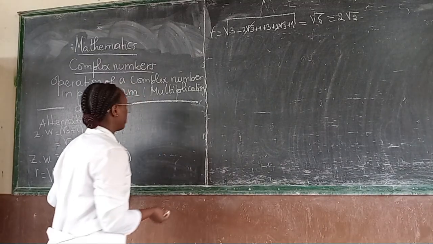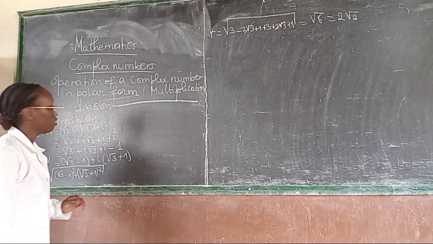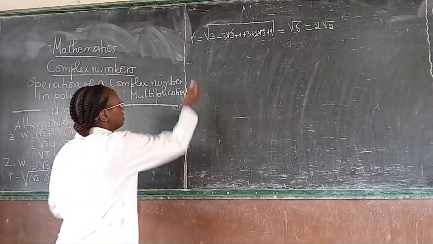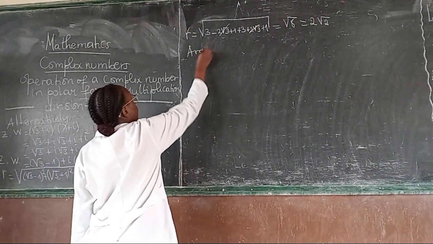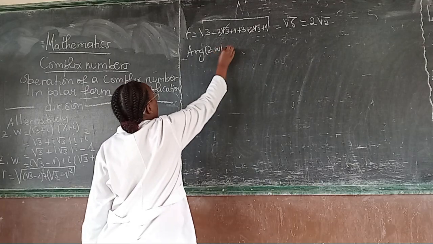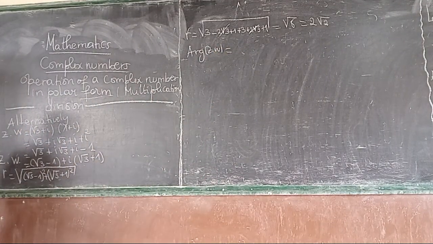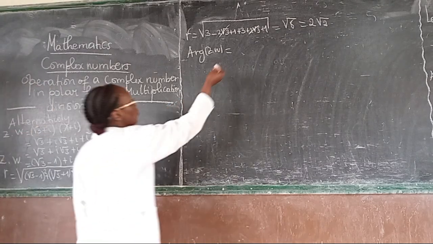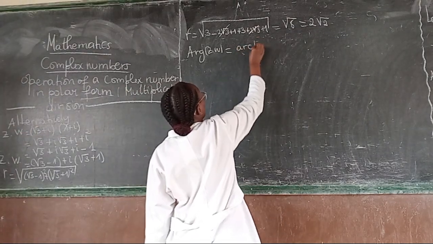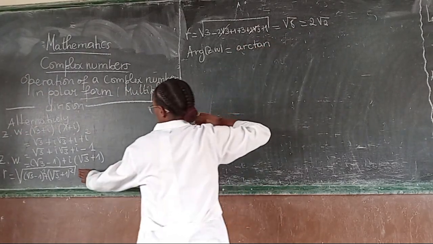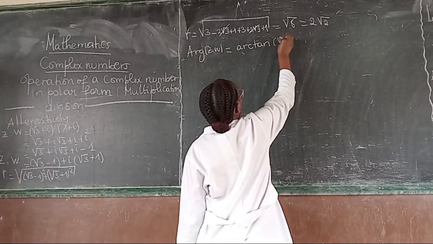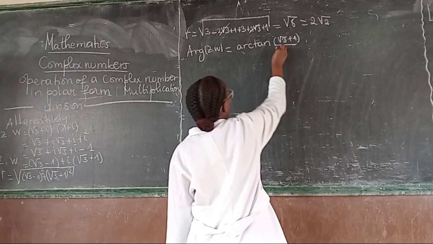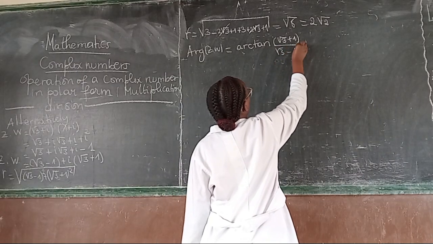Now we are going to find it in trigonometric form or in polar form. But before, we have to find the argument of this one in Cartesian form. So if we check the way our complex number has A and B, we have tan inverse of square root of 3 plus 1 over square root of 3 minus 1.